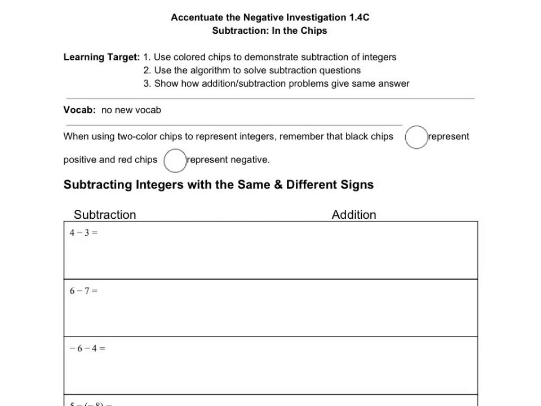the 3 learning targets. So the first one that we're going to look at is I am going to go back and demonstrate for you that colored chips still work with the use of subtraction.